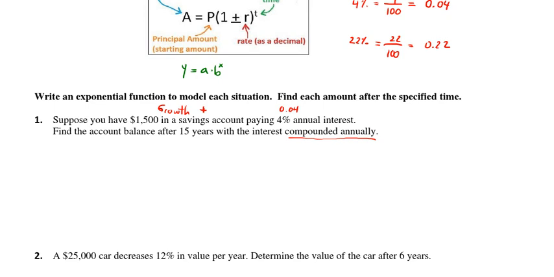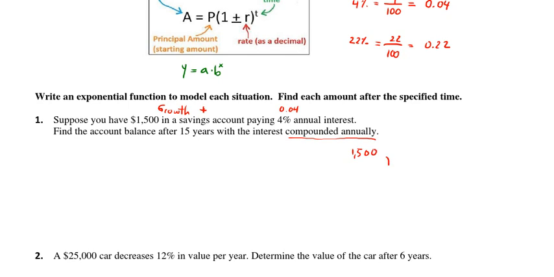So after the first year, you start with 1,500, and after the first year, you should have this quantity plus the 60, because $60 is what 4% of this quantity is. So we're going to add that 60, and this is what you should have now after the first year, which is 1,560.